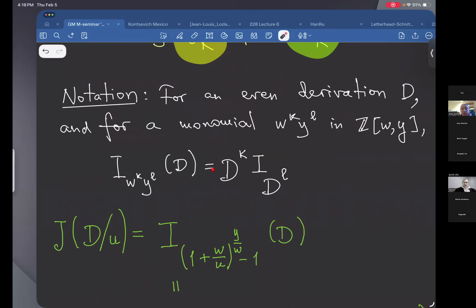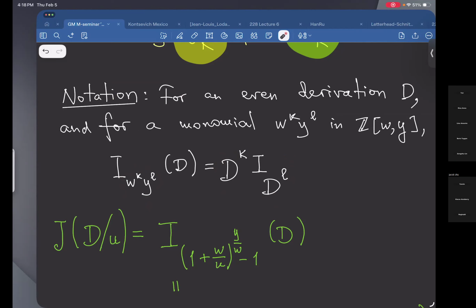First of all, you now have 2 sorts of operators. You have those I of D that I have constructed, but also I have the Lie derivative and its powers. So for every monomial in 2 variables, I can construct this operator again.